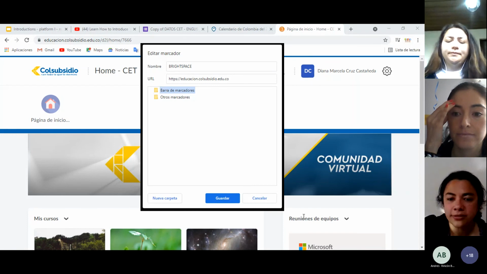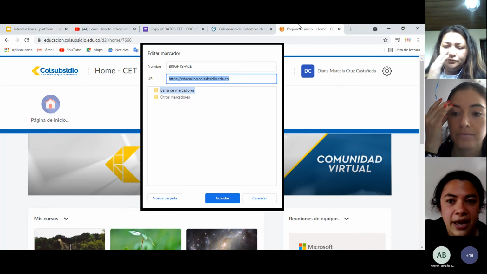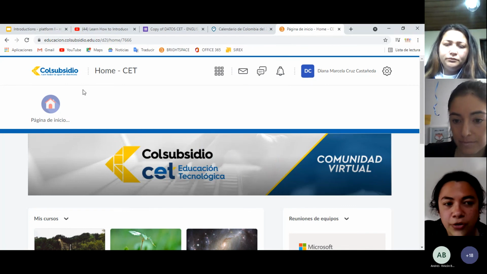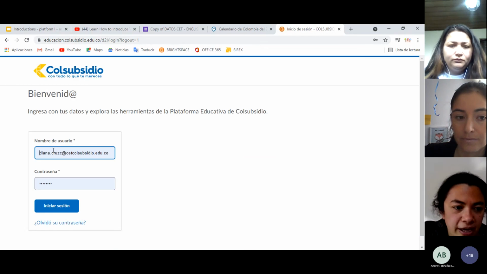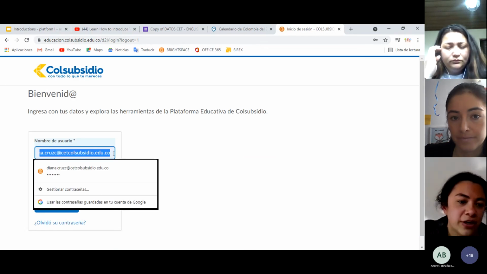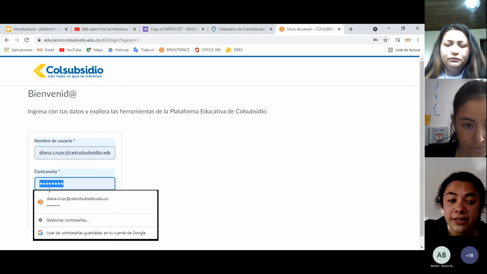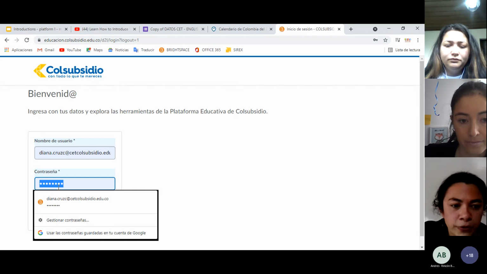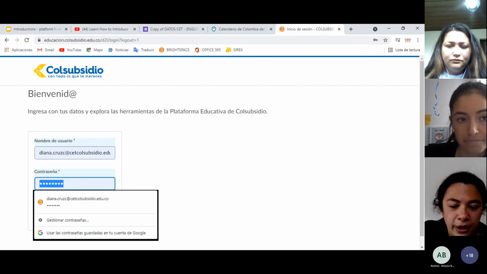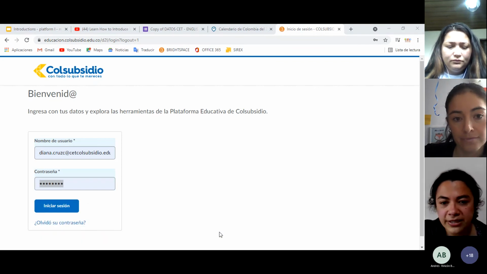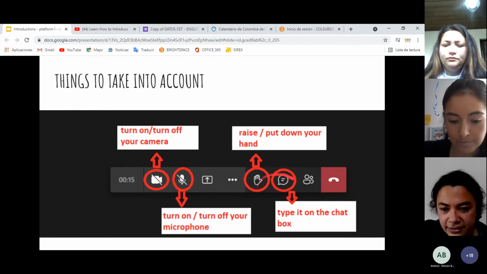Guys, in the chat box, I shared with you the link to the online component, to Brightspace. I would like you to please go there and confirm if you have access to Brightspace. Remember the information, guys, the username is your email address, and the password is your ID number, your cédula de ciudadanía. Could you please confirm if you have access to Brightspace? Yes, no? Please let me know in the chat box.